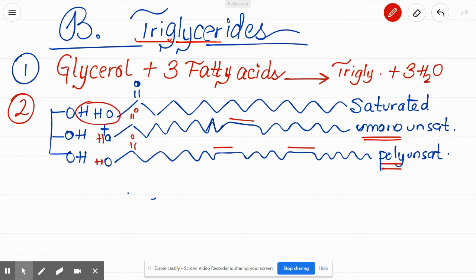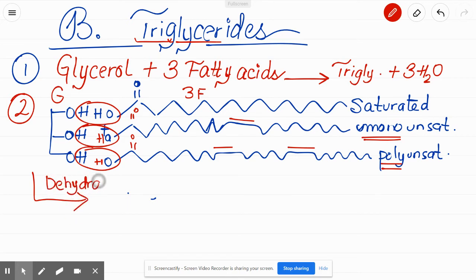these combine to form the water molecules, H2O. All right. So we are combining glycerol plus the three fatty acids. They undergo dehydration synthesis to give us triglycerides.